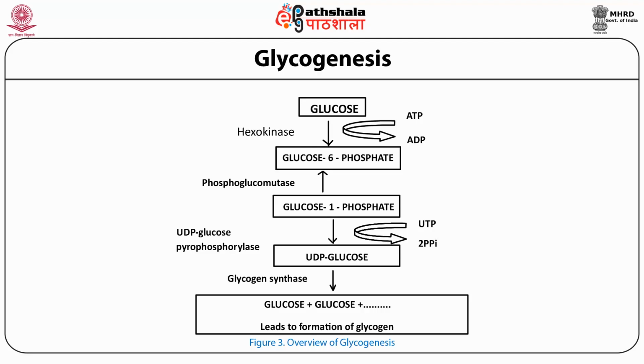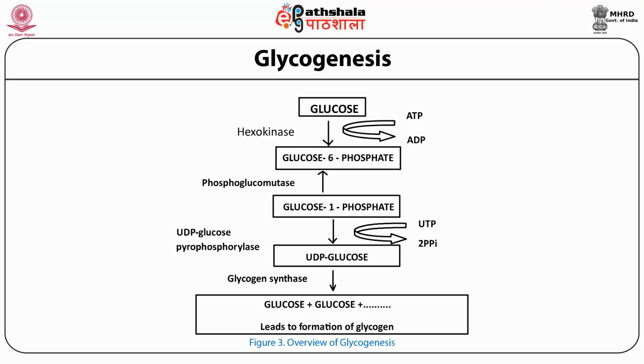Now, glucose 1-phosphate is irreversibly converted into UDP glucose. UTP is converted into UDP, and this UDP is combined with glucose, releasing a pyrophosphate molecule, and this reaction is catalyzed by the UDP glucose pyrophosphorylase enzyme.